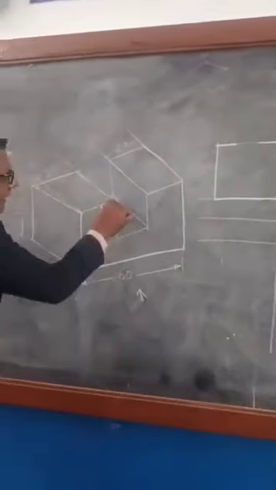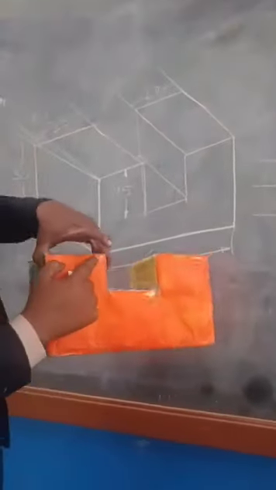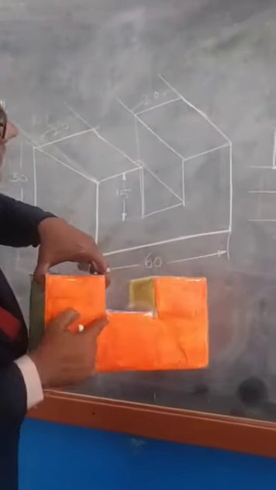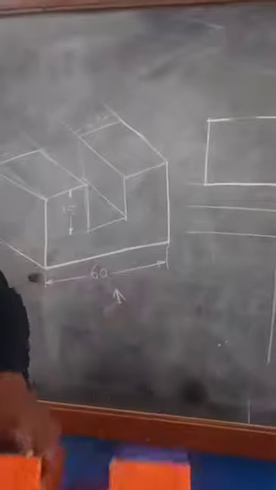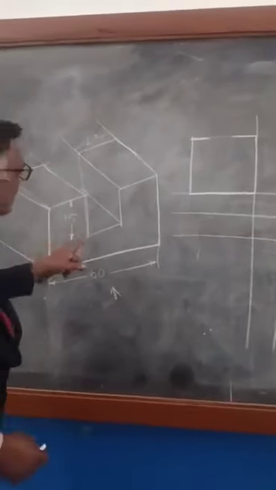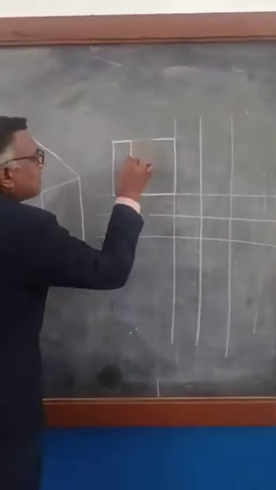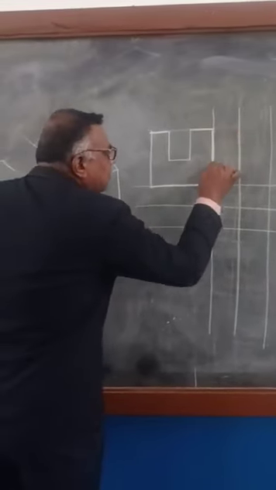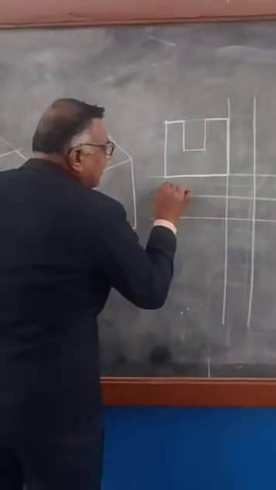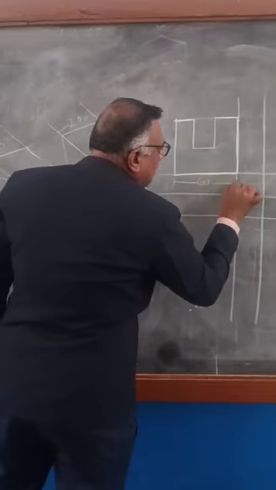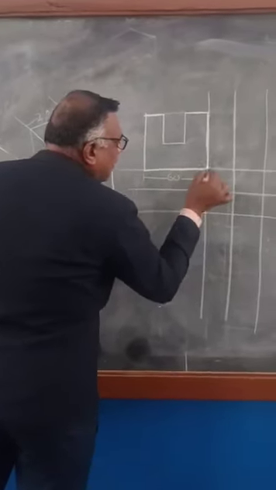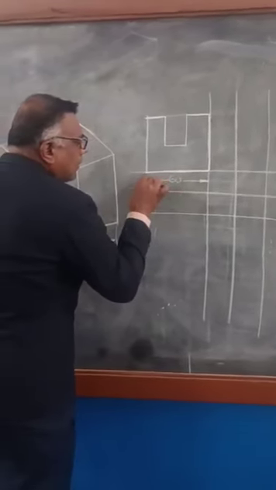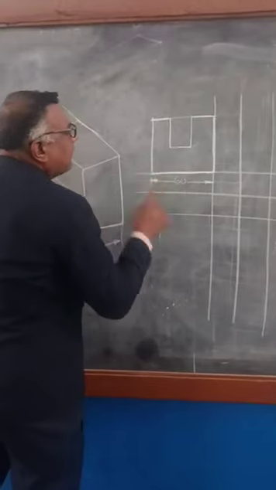So what is the height here? This is the height. This height is 15. This height is 15. So now draw this. What is this line called? A vertical line. Make it 15 mm and 15 mm like this. So this will be the front view.